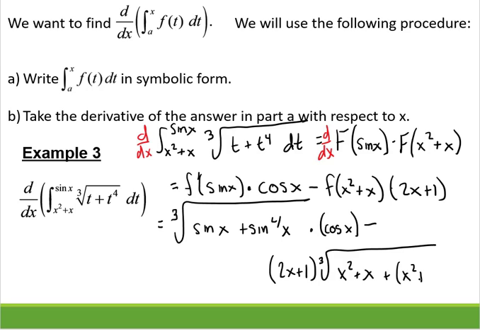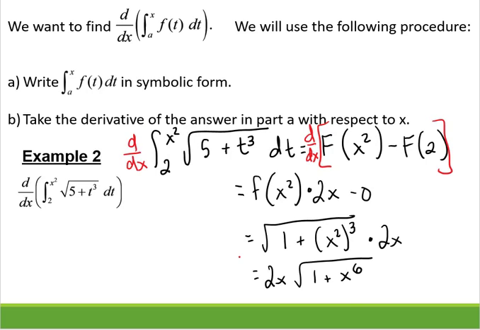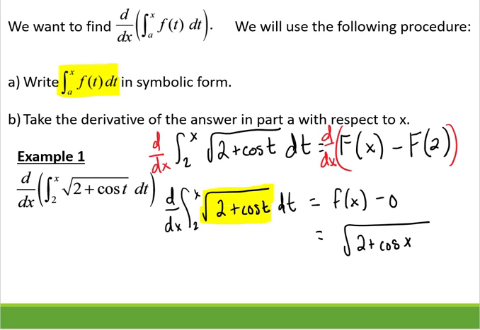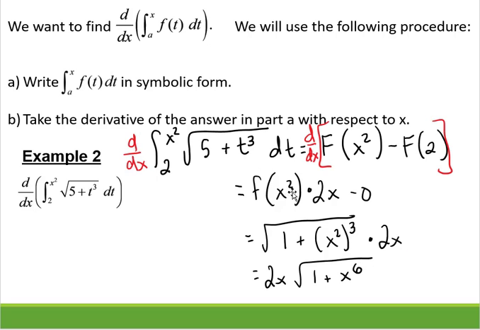Something that I feel like I forgot to highlight in this video: basically, all you're doing is, let's go back to our first example. Hopefully you're noticing when I take the derivative of the integral, they kind of undo each other. It's like adding and subtracting, they undo each other. My final answer looks a lot like what was inside here, just with an x. When I got to this example, same thing. This, if I would have written it correctly, that should be a 5, is the same thing as that, but now I have the derivative.